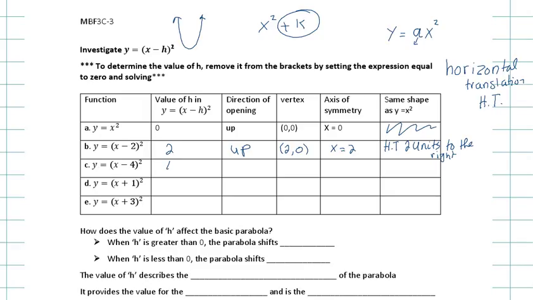Direction of opening. Vertex. Axis of symmetry. X equals 4. You just got half of the mark because you did not write x equals. And horizontal translation.